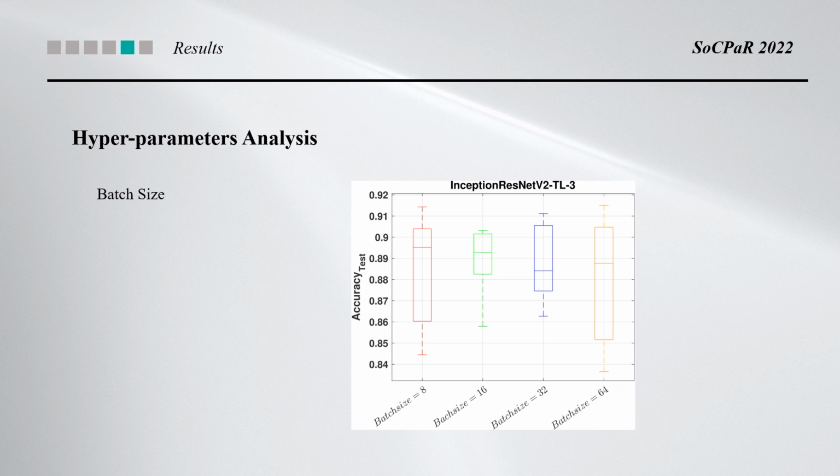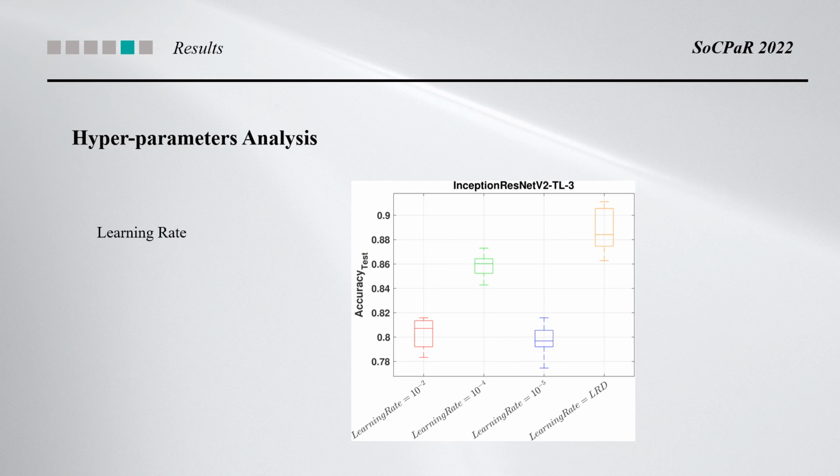As you can see in the figure, the average performance of models with small batch sizes was better than with large sizes. Regarding learning rate, we tested 3 various fixed values and a decay strategy. Obviously, the decay learning rate method performed considerably better in terms of accuracy of cancer detection.